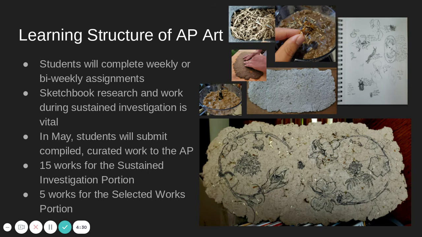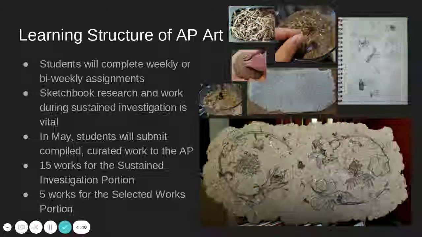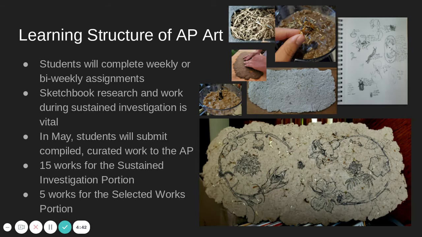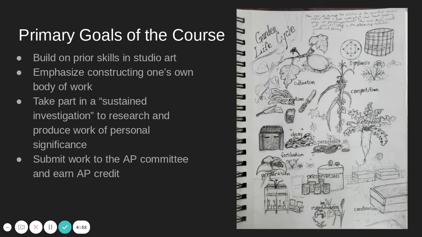Over here on the side is just more examples of process work that I did in creating my own work for an AP finished piece. So you can see here that the concept behind my work was to create something that was able to decompose and become part of the earth again. If you look at my previous slide, it's all about gardening and why I value it.